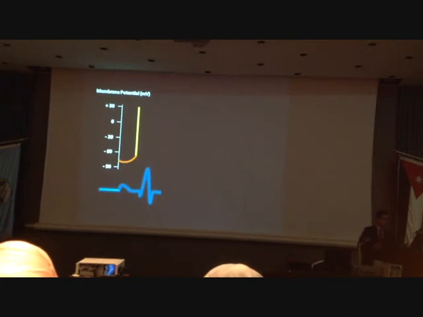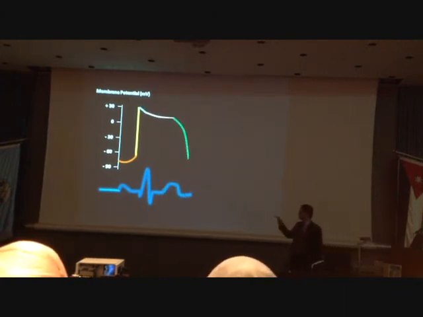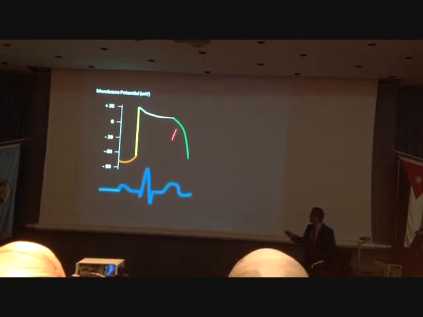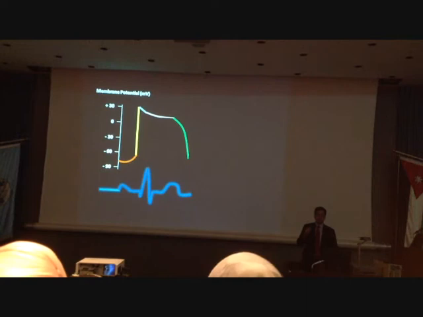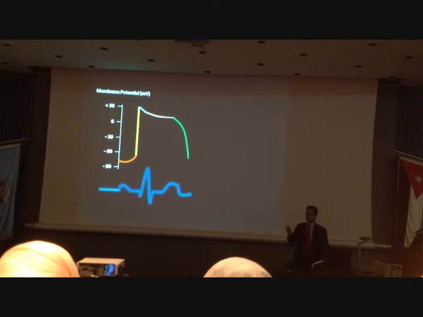Afterwards, as we said, the cell will get into these successive stages of phase 1, 2, and 3. And these are mainly represented by the T wave. As you can see, it happens particularly during phase 3. So P during phase 4, QRS during phase 0, and T mainly during phase 3.